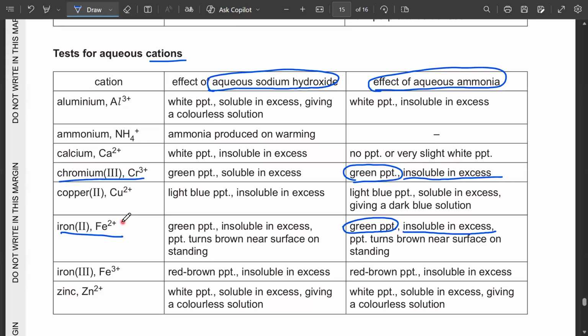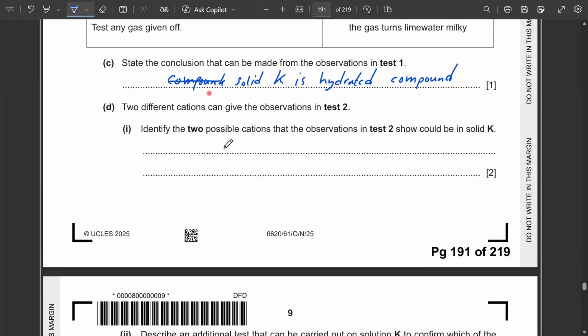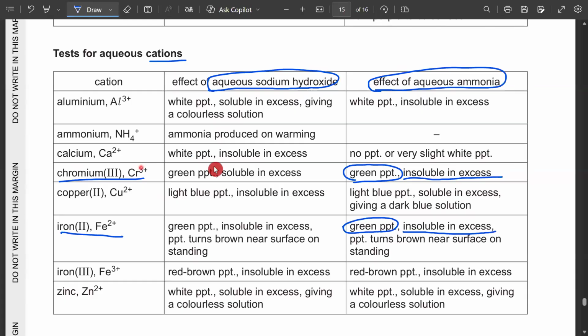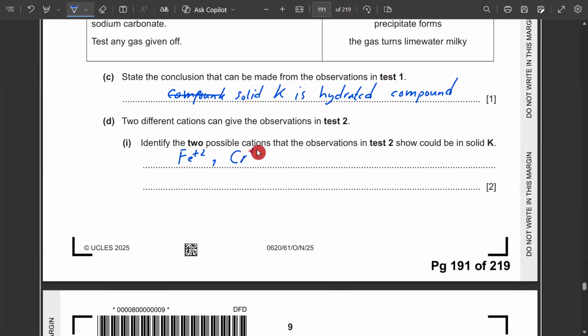So we have inferred from this test the two possible cations present are Fe plus 2 and the other one is chromium plus 3, Cr plus 3. I hope it's clear to everyone.